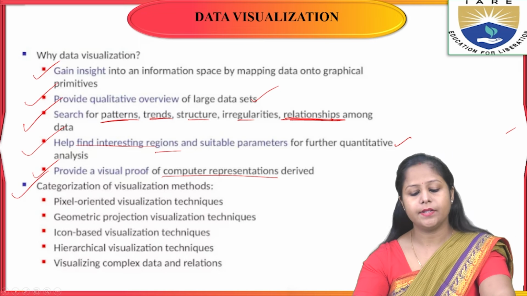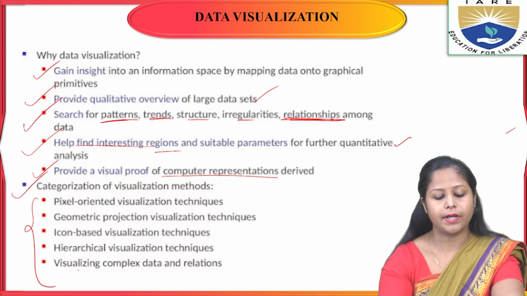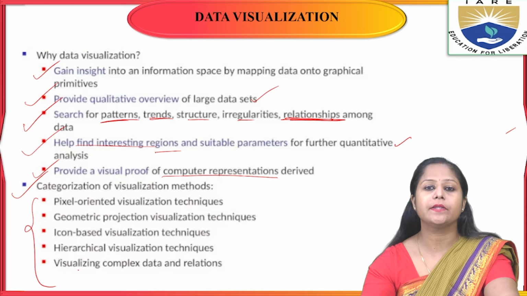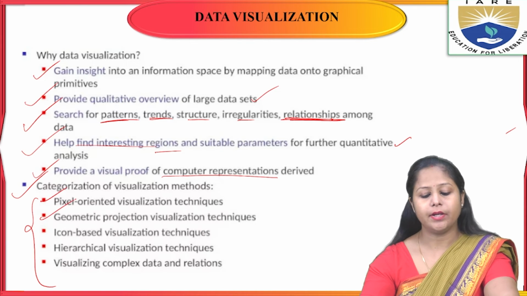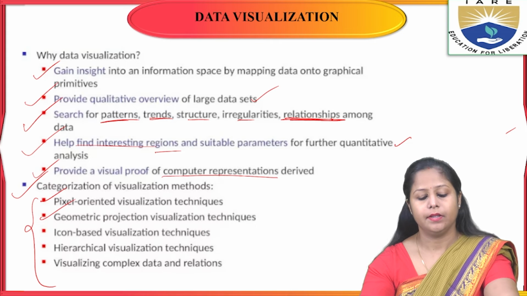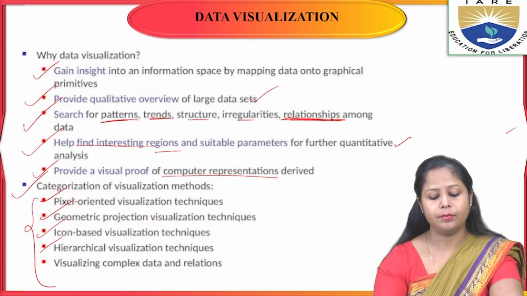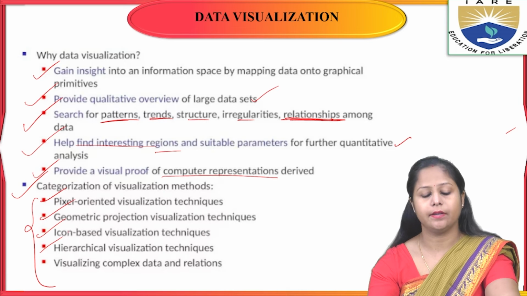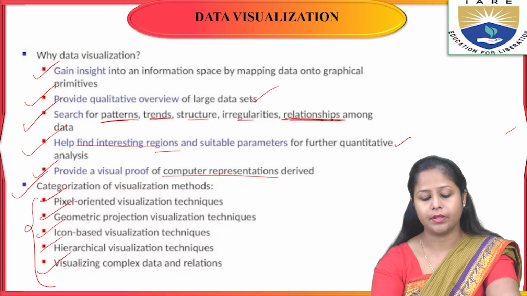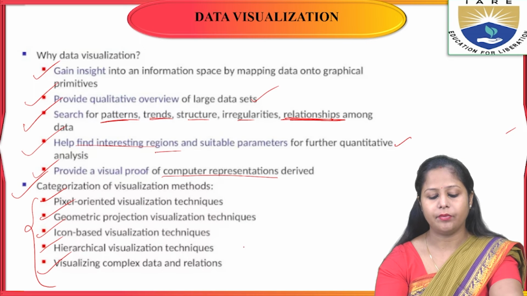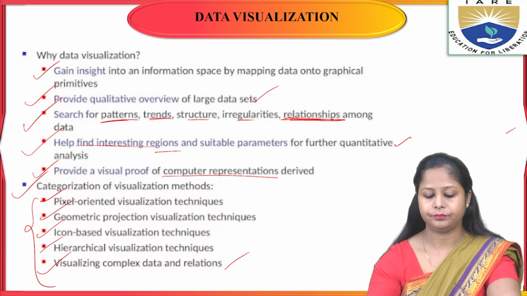Categorization of visual methods: some of the techniques are, first, the pixel-oriented visualization technique; second, the geometric projection visualization technique; third, the icon-based visualization technique; then the hierarchical visualization technique; and visualizing complex data and relations. These are some methods we apply for the categorization of visualization.